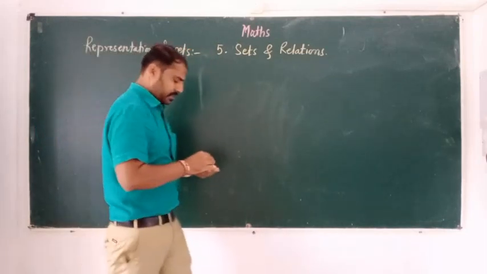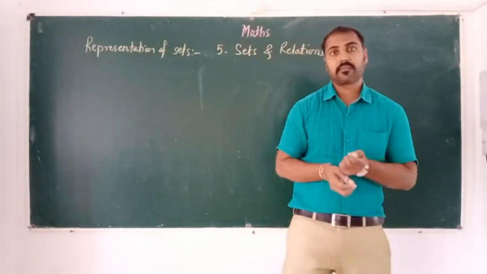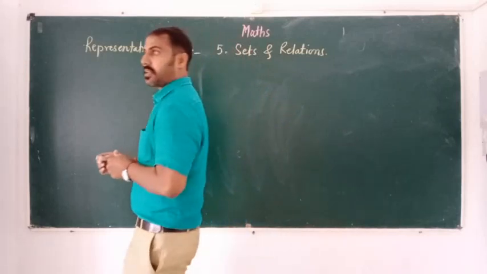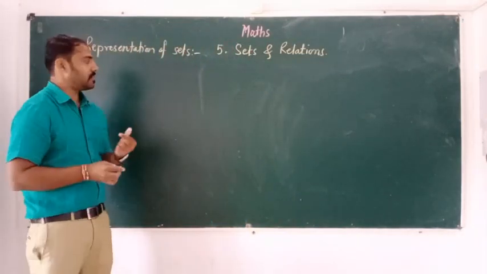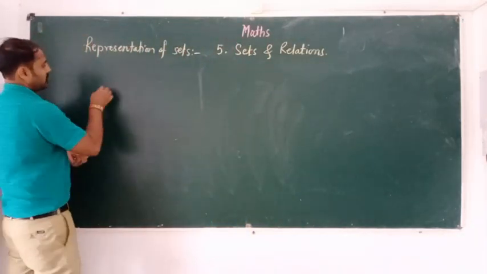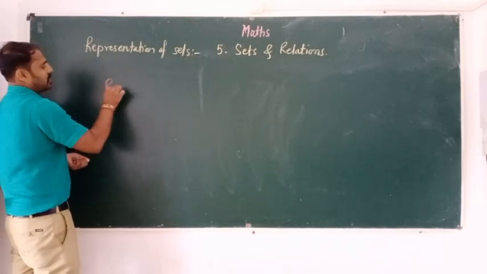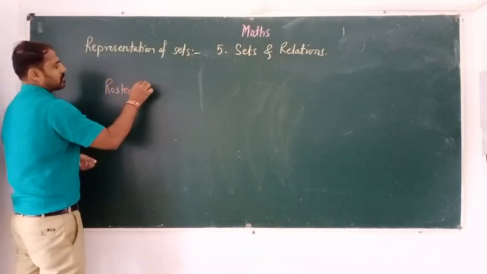There are mainly three types to represent a set. First type is the roster method.